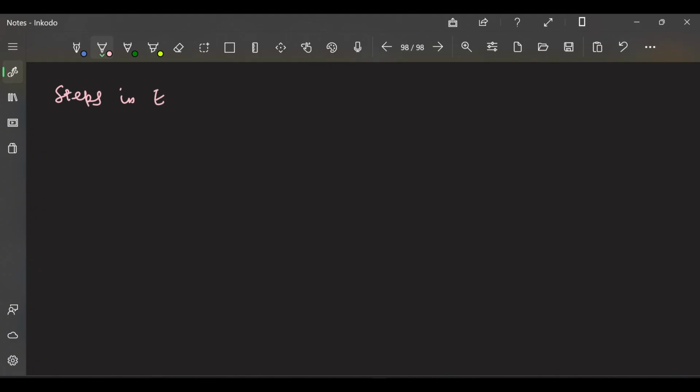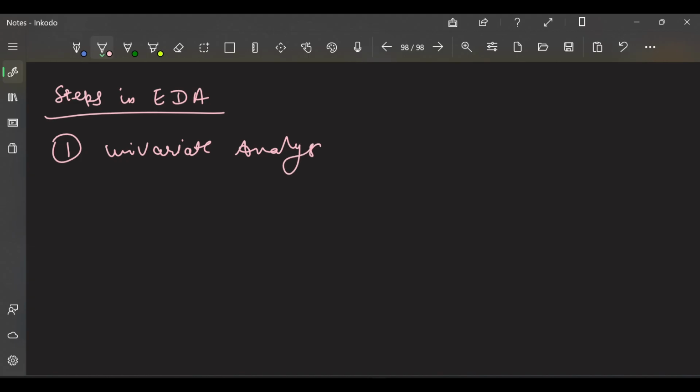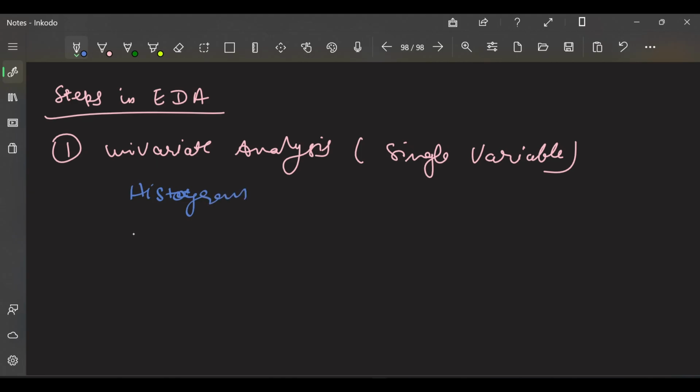Steps in EDA. The first step is univariate analysis, which means a single variable. For this there are histograms and bar plots.